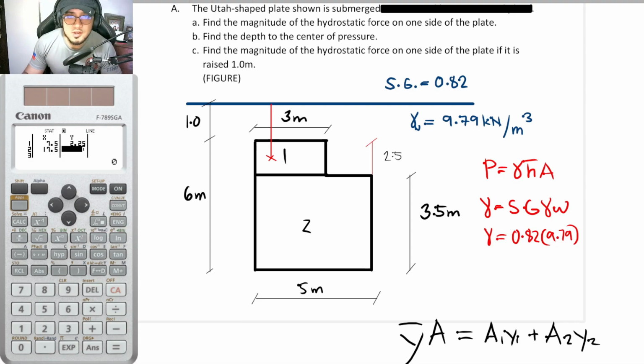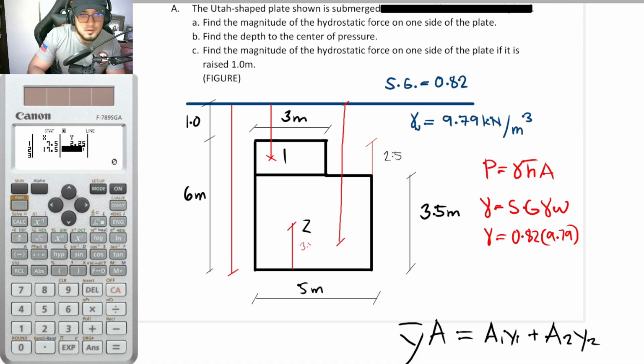As for the second shape, this is basically 1 meter plus 6 meters, so it is this whole length collectively minus 3.5 over 2. Sorry, this is 3.5 over 2.